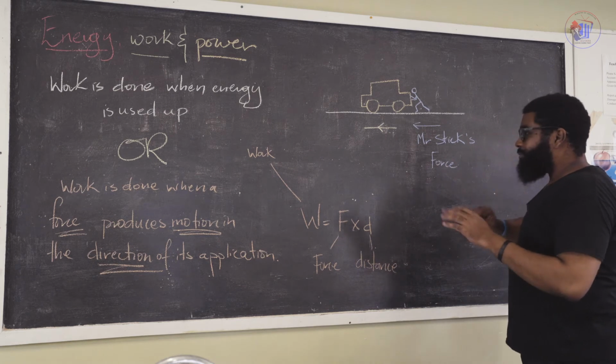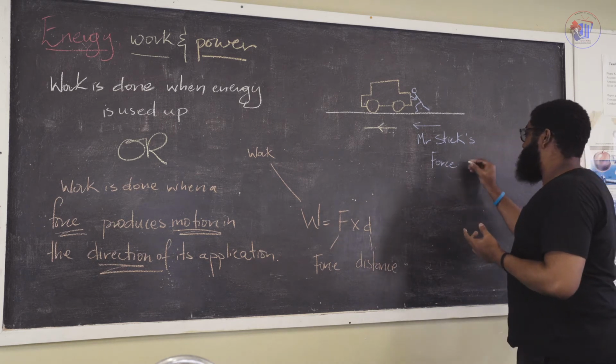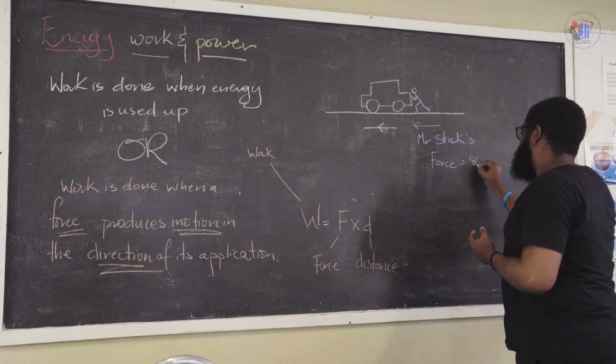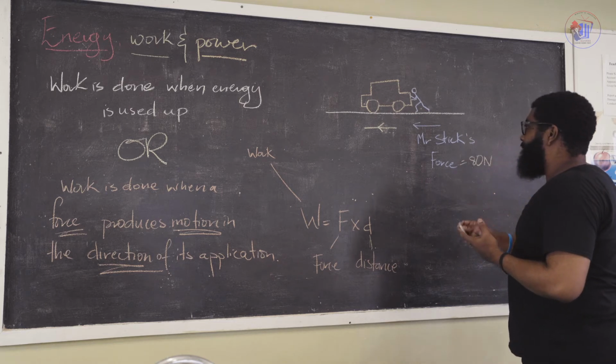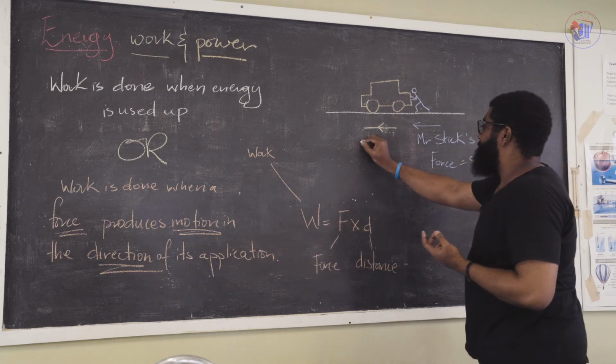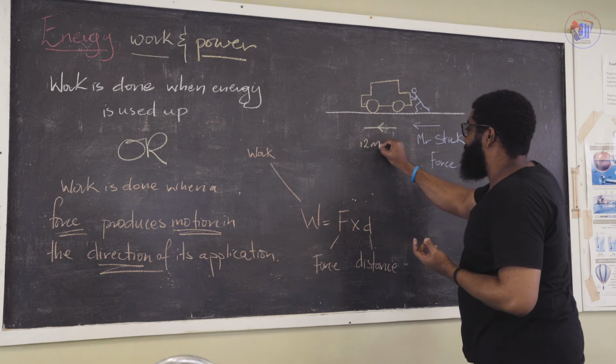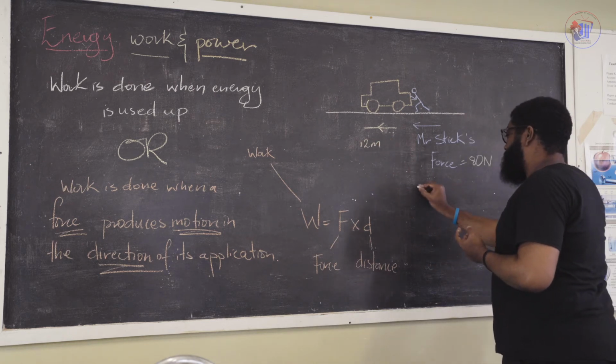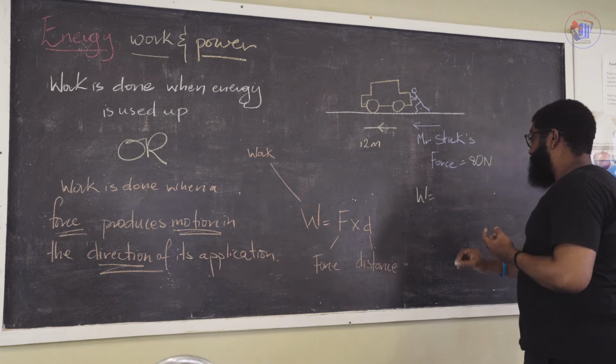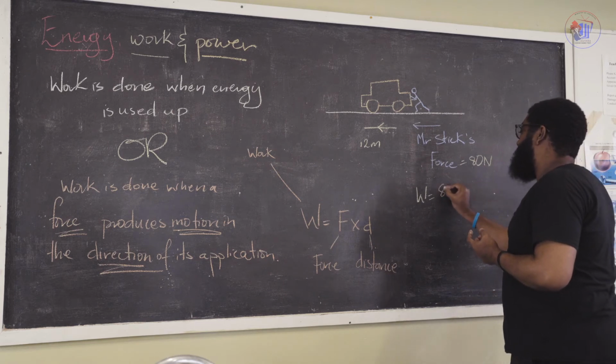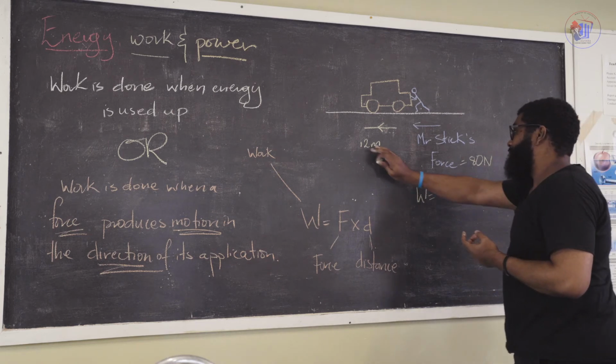So let's put some numbers to this. Let's say Mr. Stick applies 80 newtons of force and the car moves a distance of 12 meters. The work Mr. Stick would do would be force 80 by distance 12.